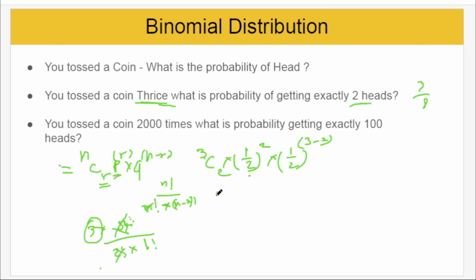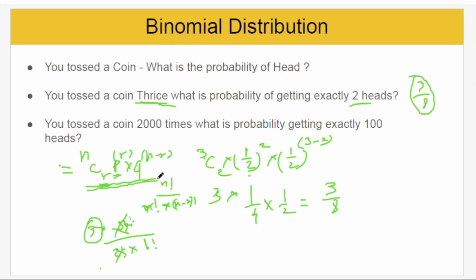That's why 3 choose 2 is 3. You can try it on your own. Into 1 by 2 squared, what is it? It's 1 by 4 into 1 by 2. So it gives 3 by 8. This is what we were expecting. So now you know this is the formula for the binomial distribution.